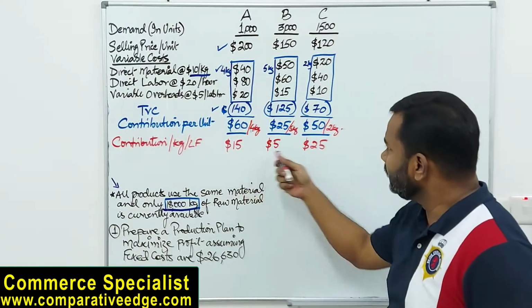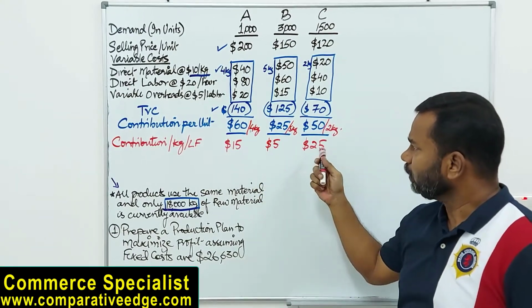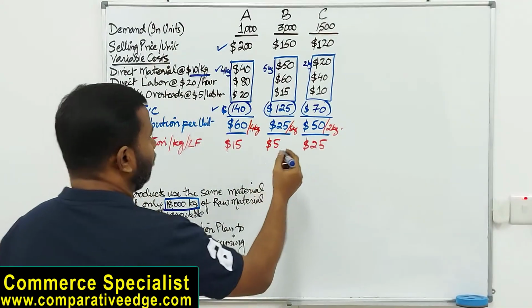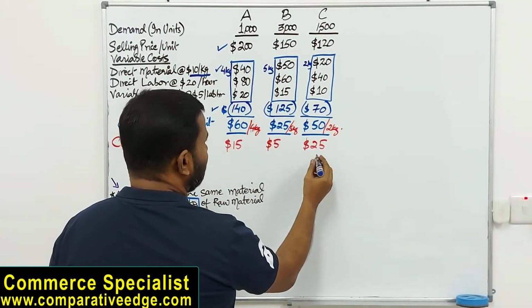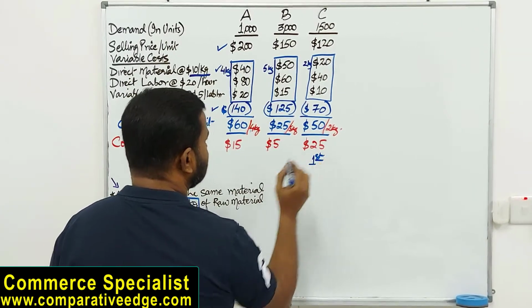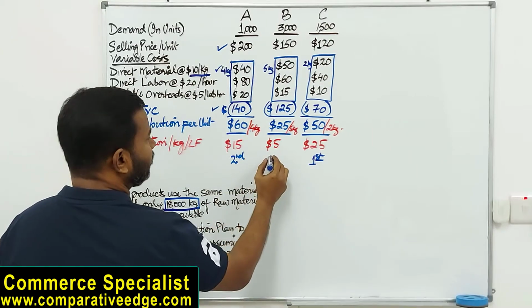So if you look at these, which one gives us the highest return per kilogram? This one. So now what I'm going to do is I'm going to rank them. For example, this is the highest, this is my first priority, second highest, and third highest.